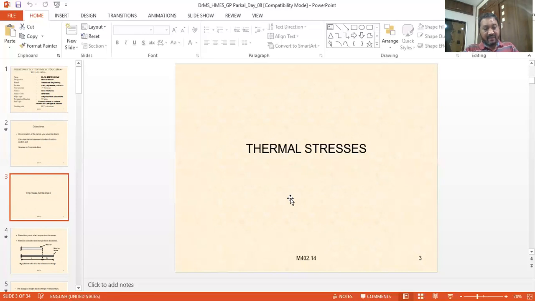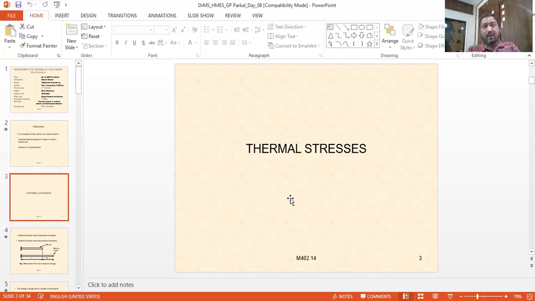And in this case, whenever a body is subjected to an increase in temperature, that is, it is subjected to heating, what happens? Initially it has a low temperature, and finally it will have a higher temperature.